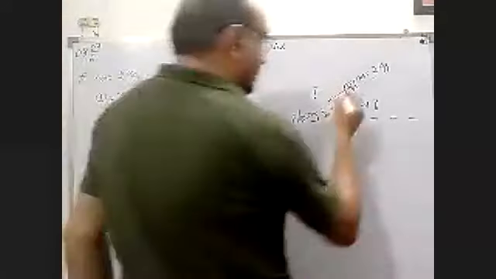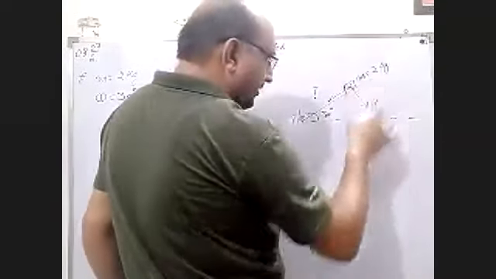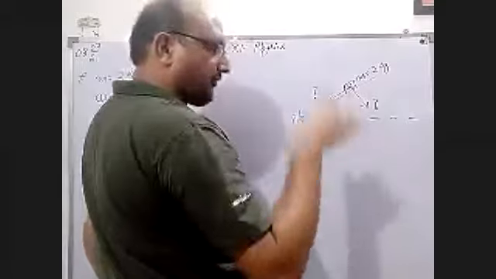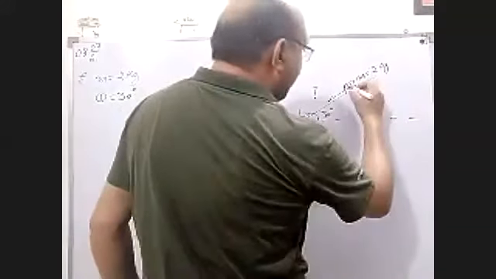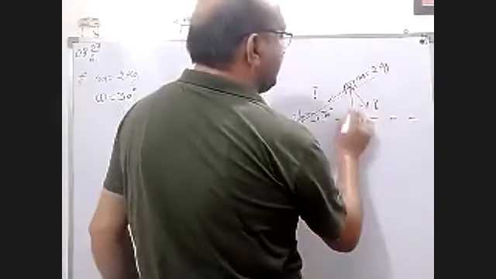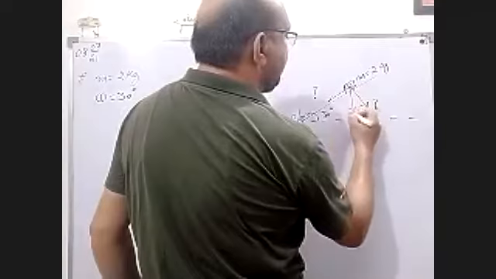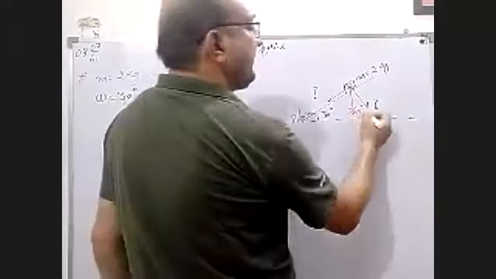Now take this mass m. It always applies a force, its weight, in the downward direction, because the Earth attracts all things this way. This force is here, and you can take it as mg. mg is weight.